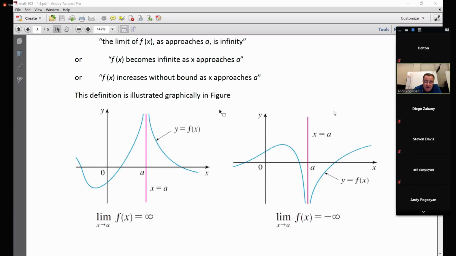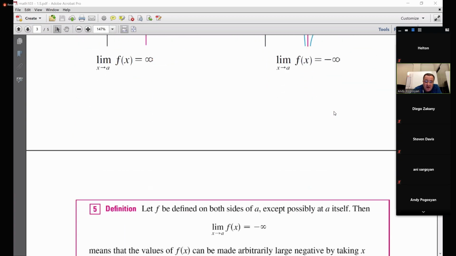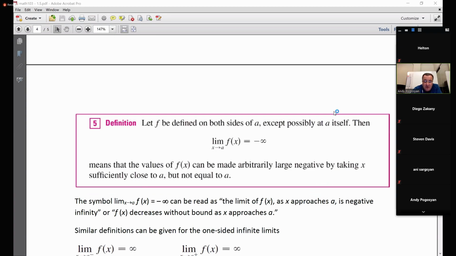Now, illustrated graphically, it goes to infinity or goes to negative infinity. So if the limit of f of x as x approaches a equals negative infinity, then we have negative infinity.